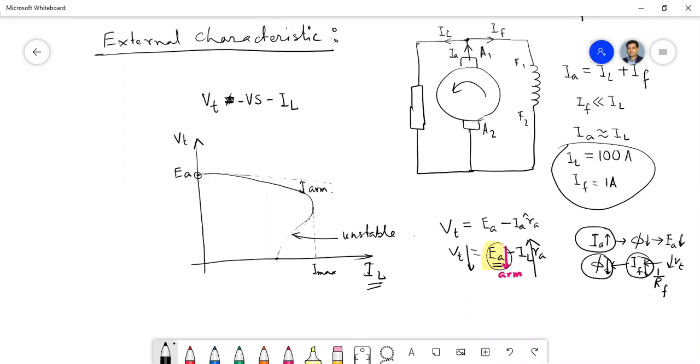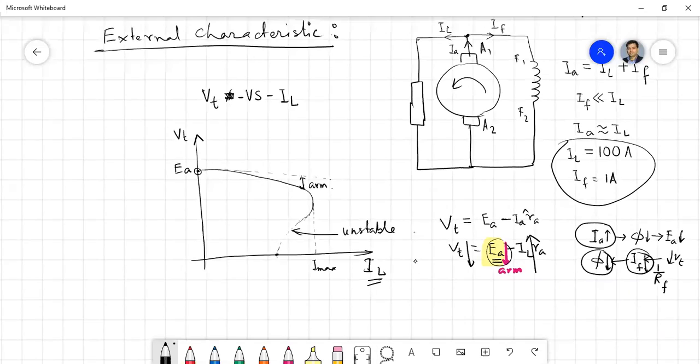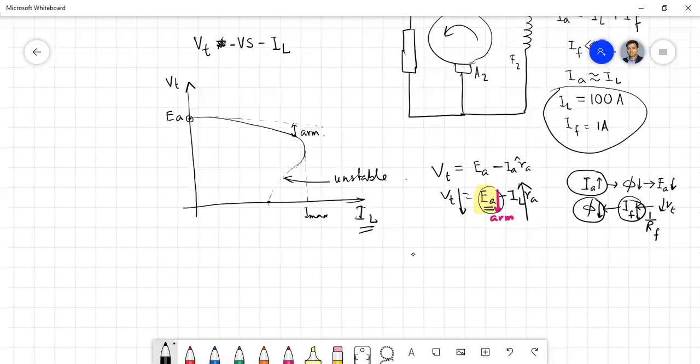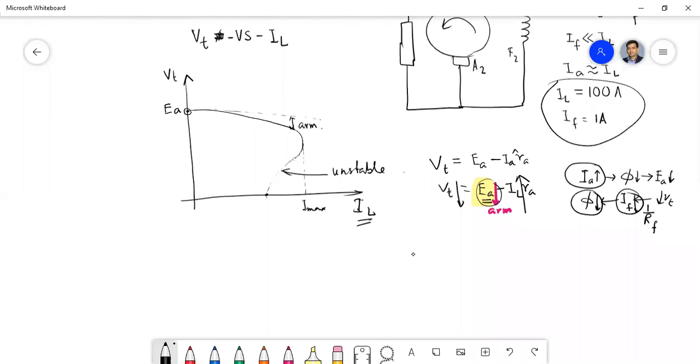But for a separately excited generator, you will get better characteristics. Why? Can you tell me why? This was for shunt. Here IF is independent of VT.